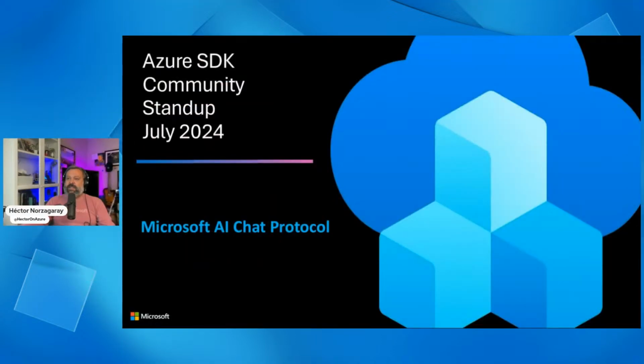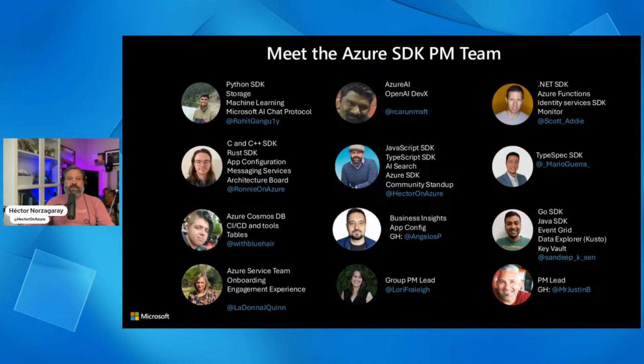Before we jump in, I always like to start by introducing the Azure SDK PM team and the product managers that are working on some of the services and some of the languages that we have SDKs for. For example, here you see the Python SDK and the storage, machine learning, and Microsoft AI chat protocol PM, it's Rohit, who will be joining us today.